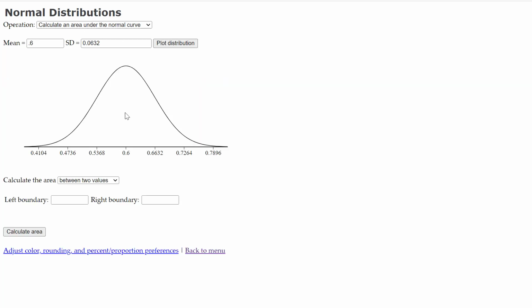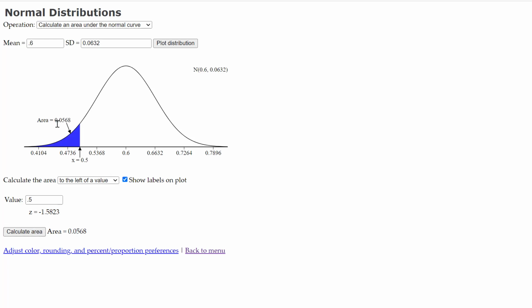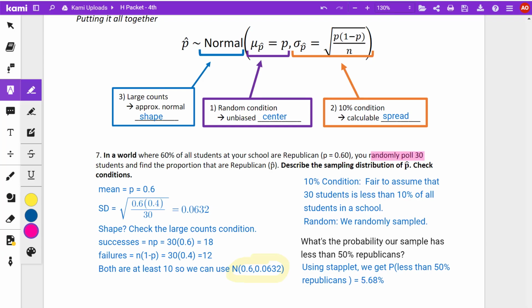All right, so there's my distribution. And I want to know the probability that it's less than half, so to the left of 0.5. Calculate area, and there it is. Once we can get these two numbers, the normal distribution is super easy to use. So there it is, 5.68%.